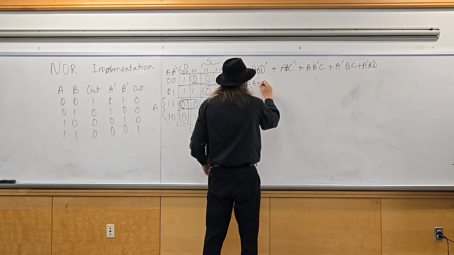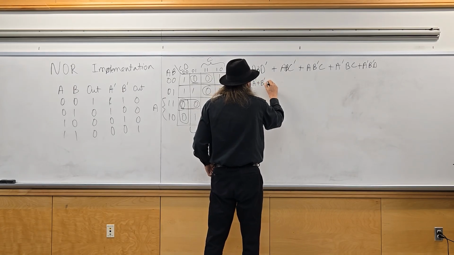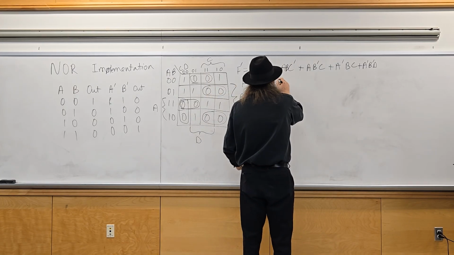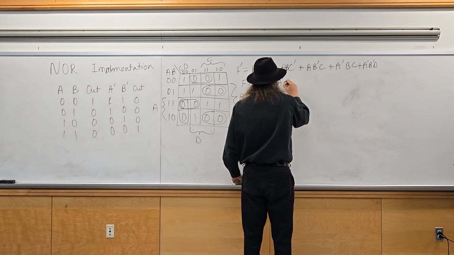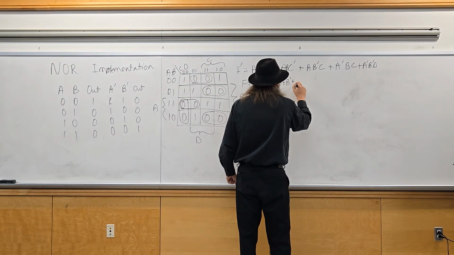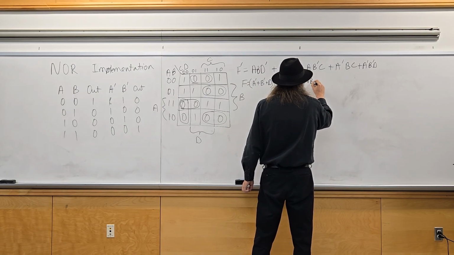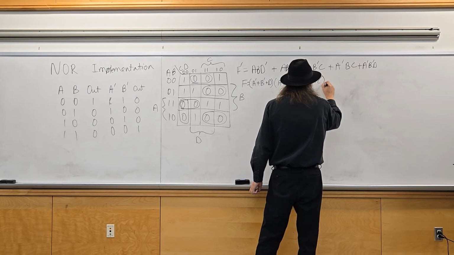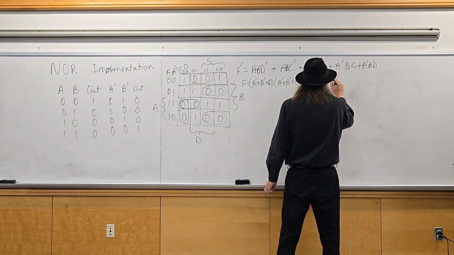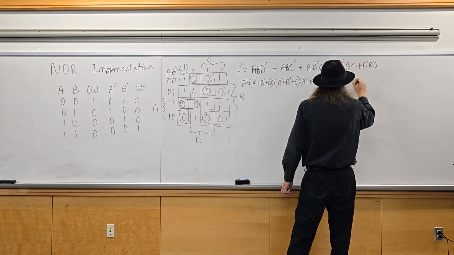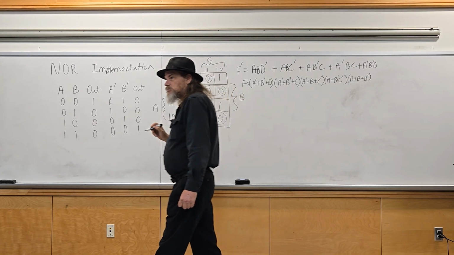So you got A plus A prime, B plus B prime plus D, times A prime plus B plus B prime plus C, A prime plus B plus C prime, A plus B prime C prime plus C prime, times A plus B plus D prime. Okay?